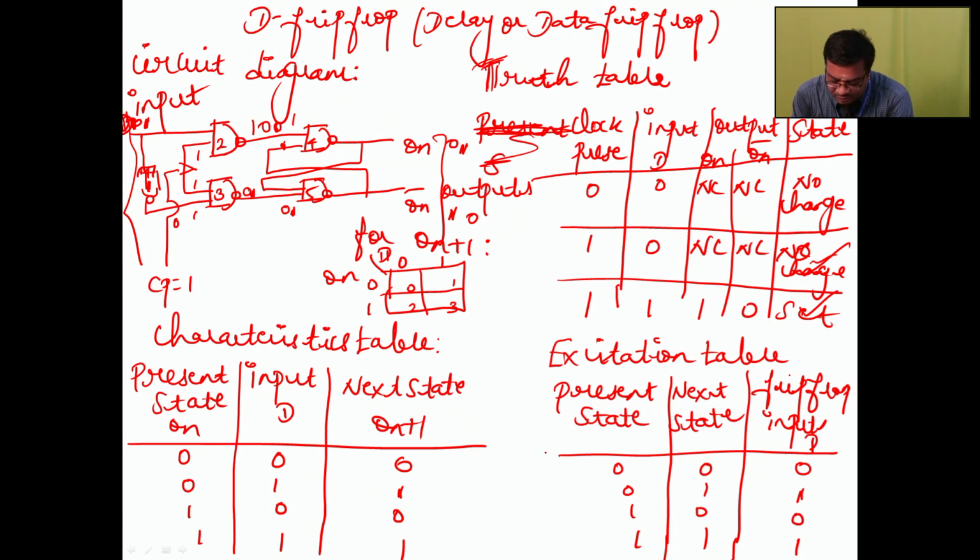Like that we are going to fill here: 0 1 0 1. So Qn plus 1 equals D. This is the final equation for the final conditions, Qn plus 1 equals D. So this is the characteristic equation, excitation table, as well as the characteristics table for the D flip flop.